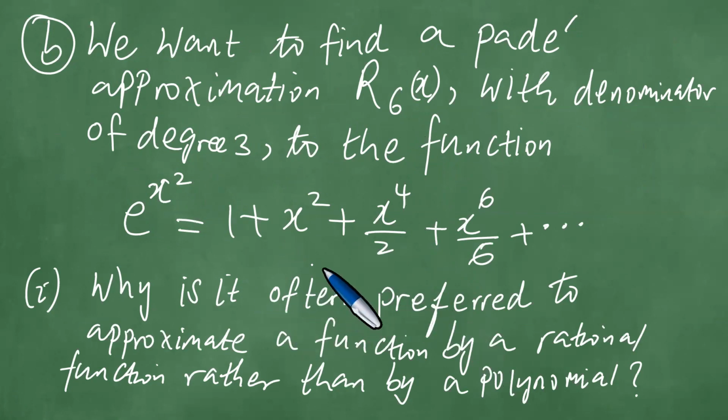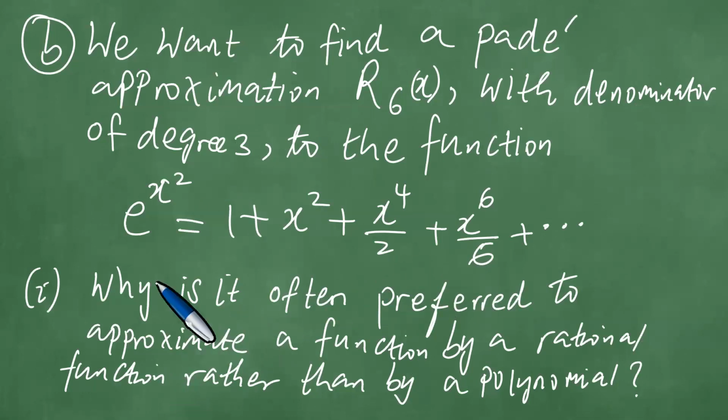But we go through some steps. And the strategy to find a Pade approximation R6 of x with denominator of degree 3 to this function is to subtract the two. This rational function is therefore subtracted from this here.